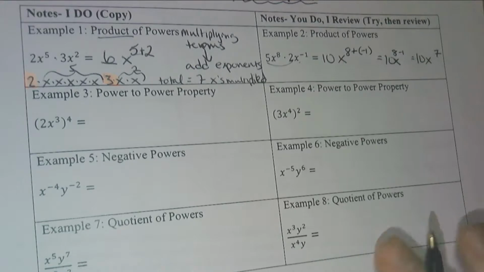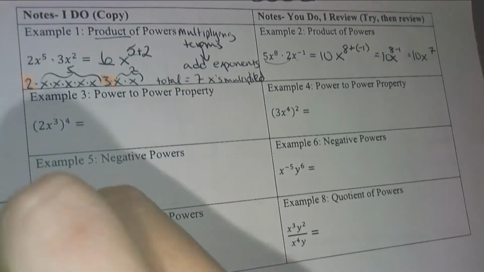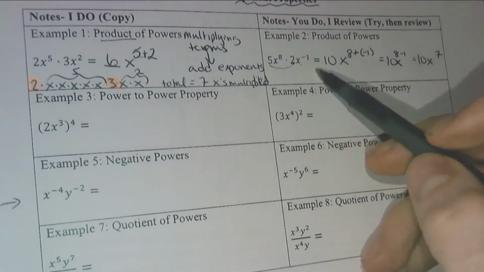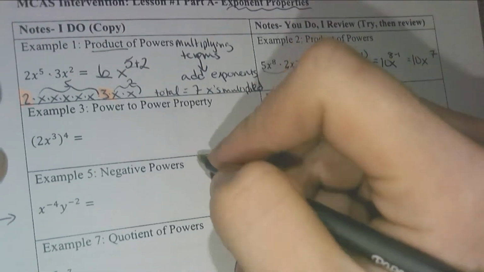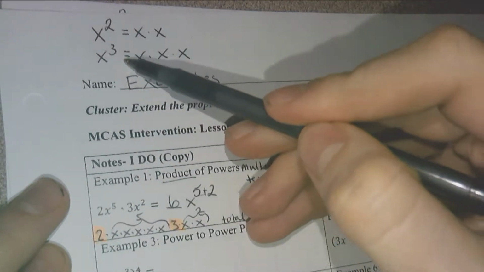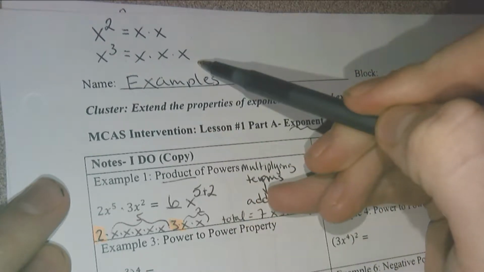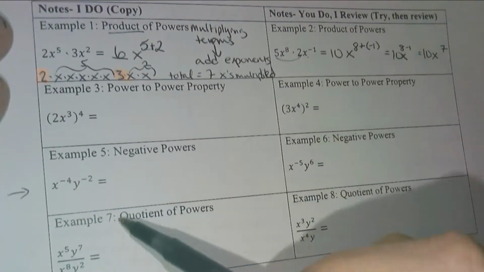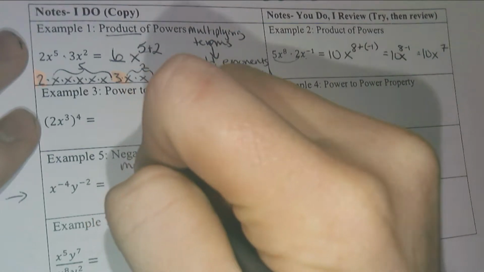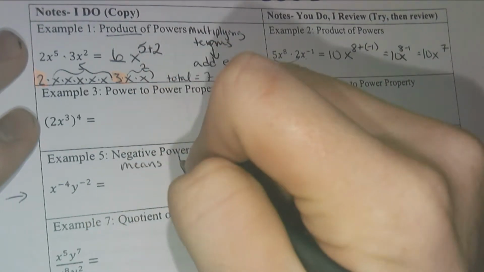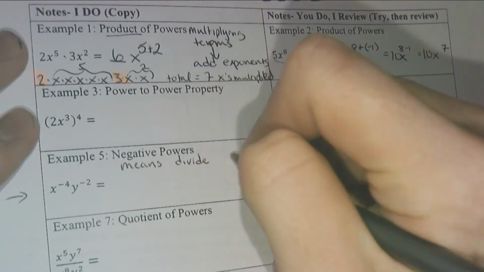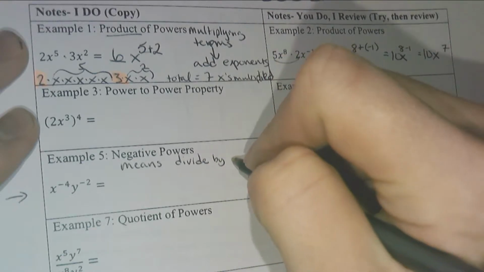Next, I'm actually going to jump ahead to these negative powers since we just saw that pop up here. If a positive power, like we talked about at the beginning, means multiply it by itself that many times, a negative power means we divide by the base.